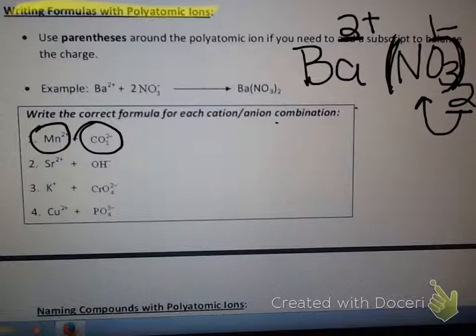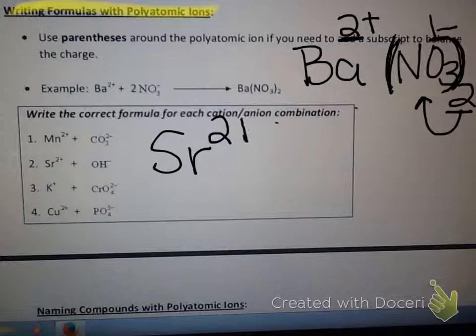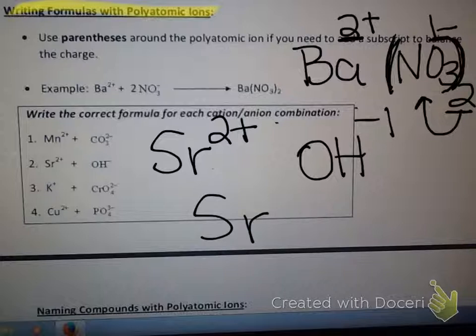The next one is strontium and hydroxide. Strontium is a +2 charge. And our anion is hydroxide, OH -1. So we have a -1 and a +2. We're going to need 2 hydroxides. So when we go to balance the formula, we do not write OH2.